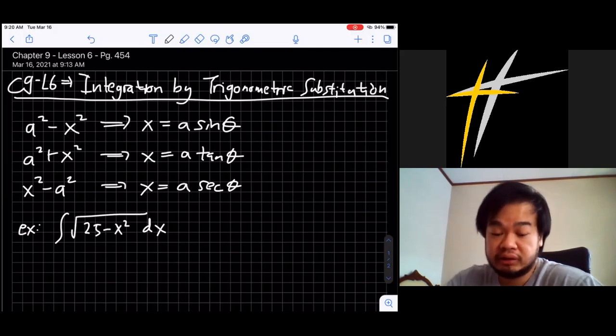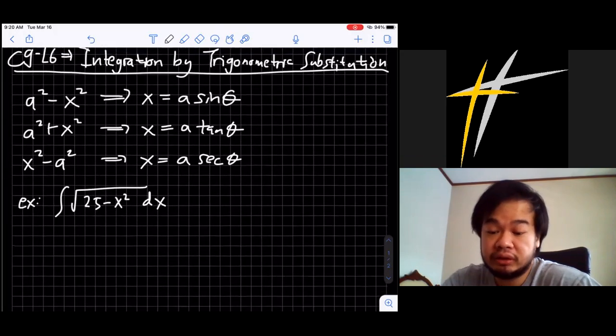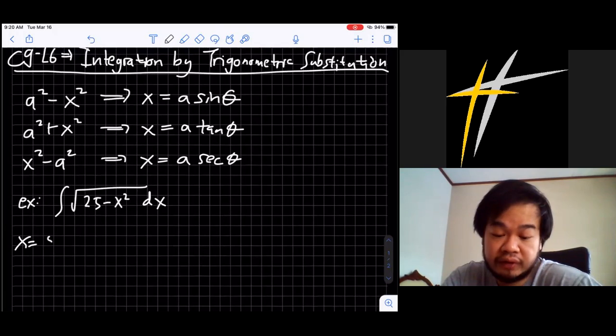So it means that the substitution you need to make is x equals 5 sine theta, where a is 5.